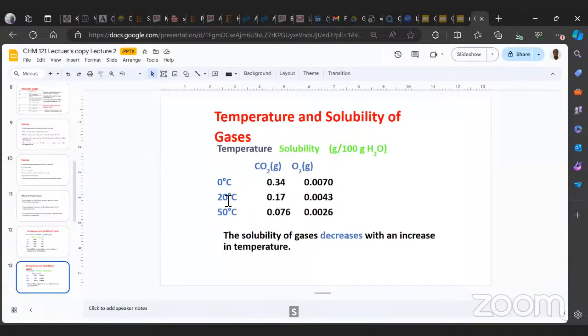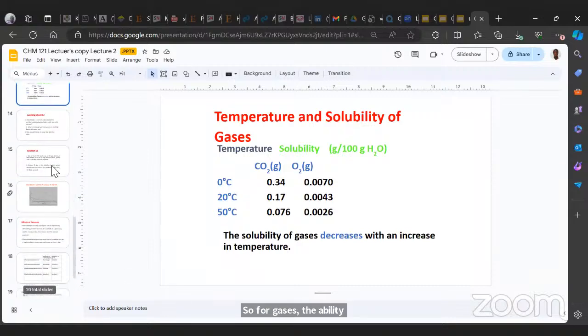But for gases, it's the opposite. As you increase the temperature, less of it is able to dissolve. See the trend: as you increase the temperature, the amount that dissolves is reduced. So for gases, solubility decreases with increase in temperature.